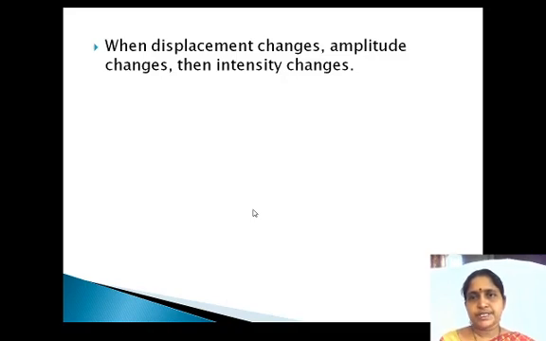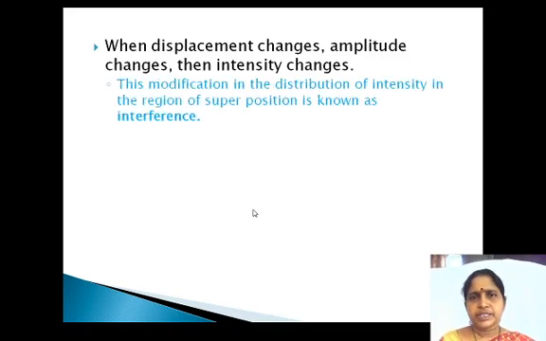When displacement changes, amplitude changes, because amplitude is the maximum displacement of the wave. When amplitude changes, intensity changes, because amplitude and intensity are directly related. The modification in the distribution of intensity in the region of superposition is known as interference.